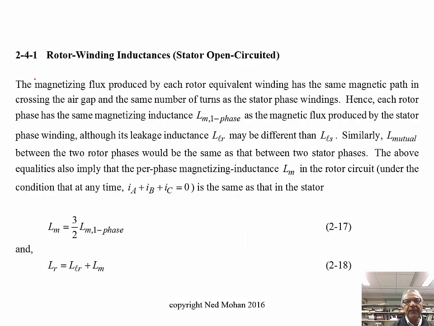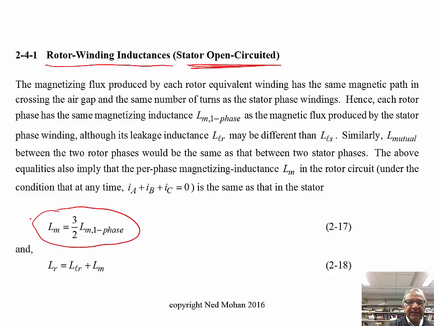Okay. So now let's look at the rotor winding inductances. And in this case, the stator is open circuited. We should note that the magnetic path that flux has when we excite a rotor phase is the same as it is when we excite a stator phase. So it's no surprise that the per phase magnetizing inductance, the single phase magnetizing inductance, for the rotor is the same as in the stator case.